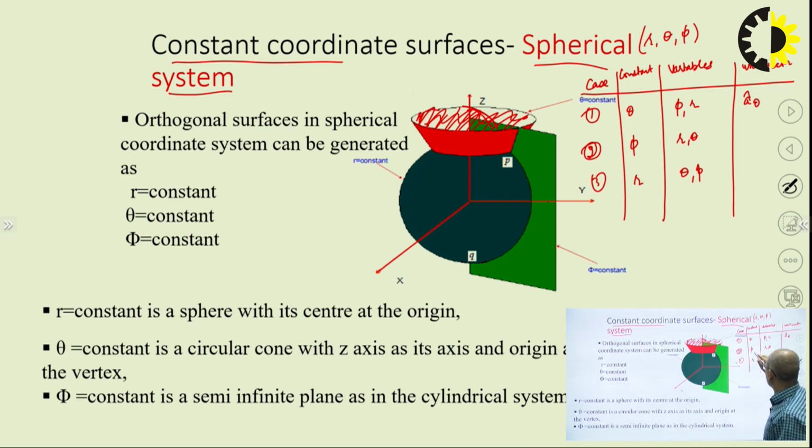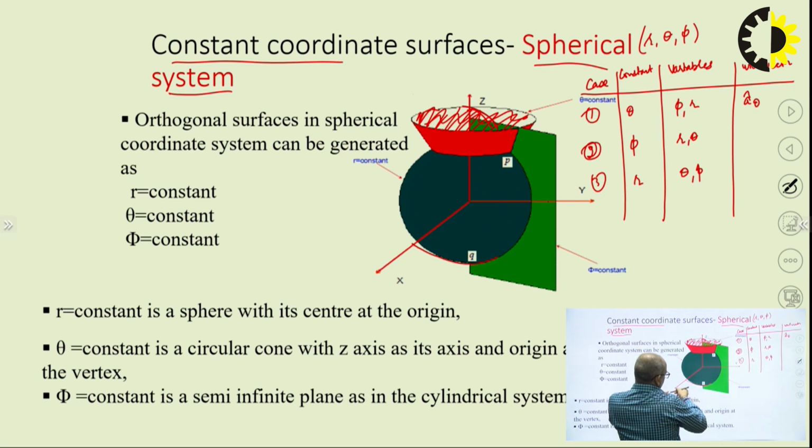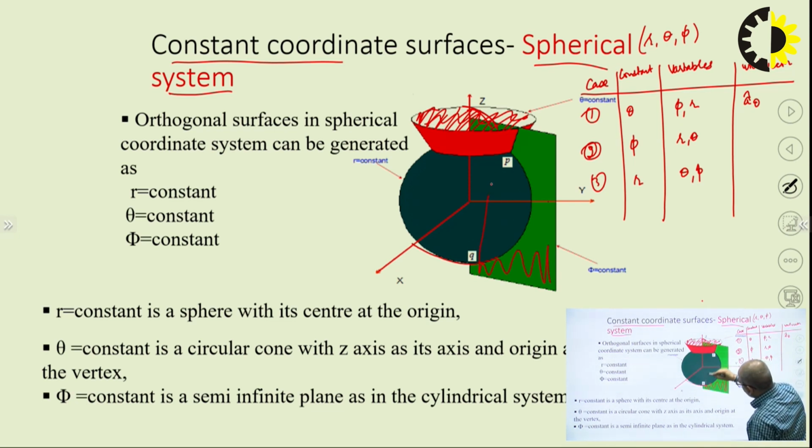The second case, when phi is constant, means this value is constant, and theta and r are variable. So you will get what? The unit vector, this one. Phi is constant, this surface area will be formed, this green one. So you will get the direction of A cap phi, plus or minus. Clear? R is what? When R is constant, you will get a ball with a constant, fixed radius.